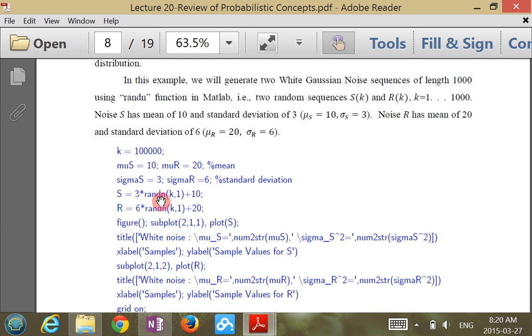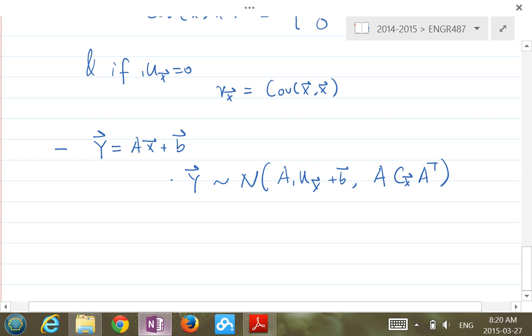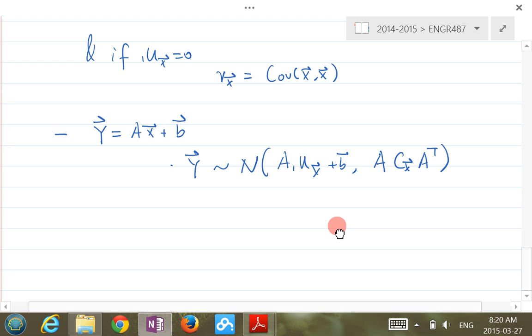Once we've created these, let's create the vector Z, which is S and R. There are two random variables. What is the covariance of this Z?